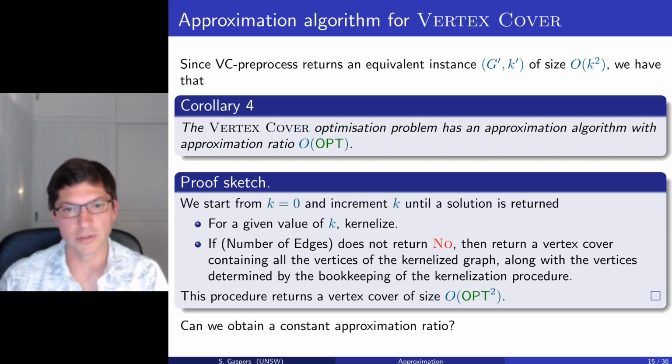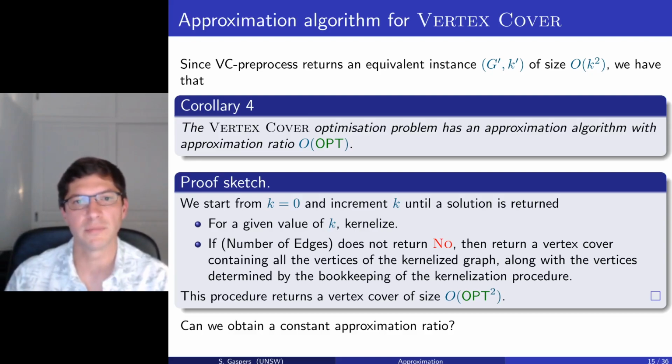So if this procedure succeeds, then it returns a vertex cover of size order opt squared. And now we just need to compute the ratio of the returned vertex cover, which has size order opt squared, and the optimal vertex cover, which has size opt. And the ratio is of course order opt.